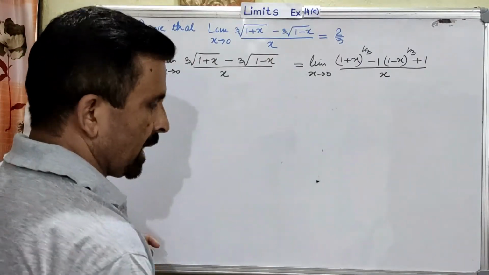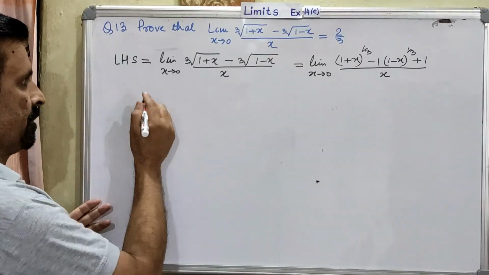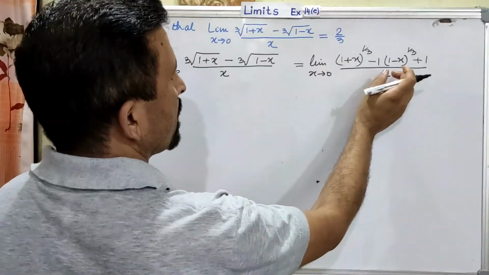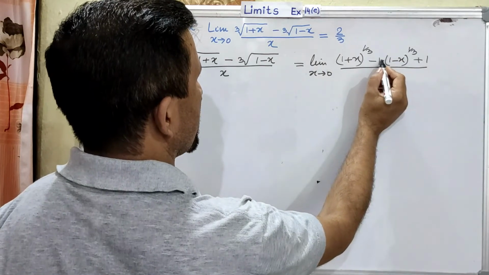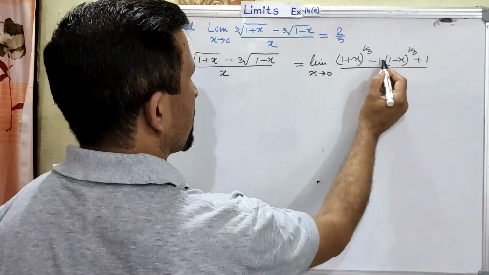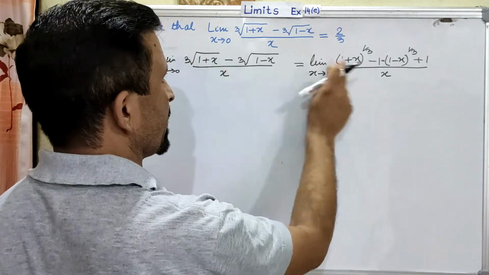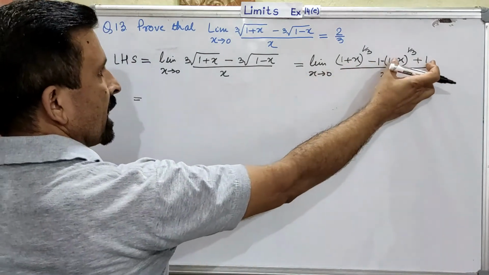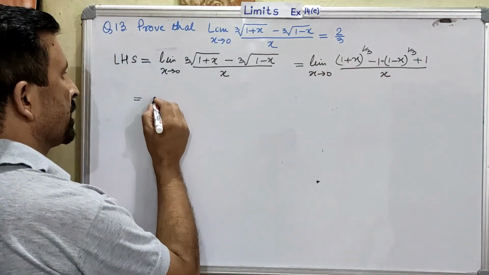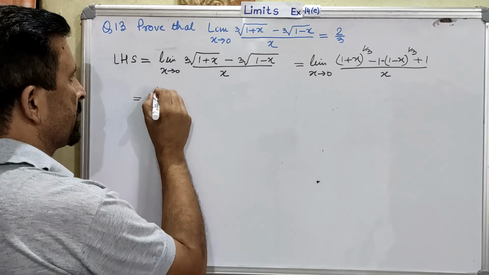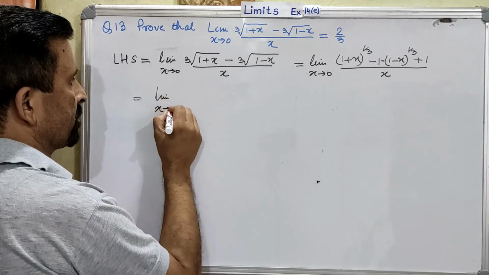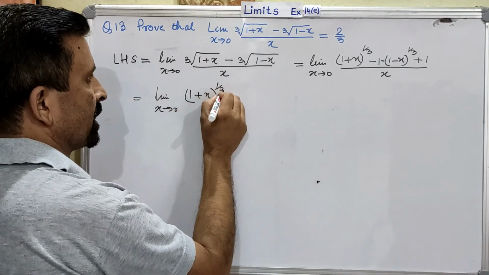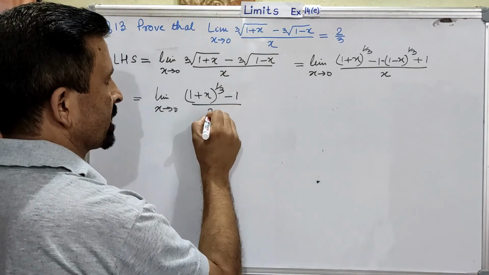Is it very clear? After this, now I am going to do the redistribution. These two I will take in one group, and this is a minus sign. This is a minus sign. Okay? I am going to take this half as the first part and this as another part. So redistribution: limit x tending to 0, 1 plus x whole to the power 1 over 3 minus 1, over x.